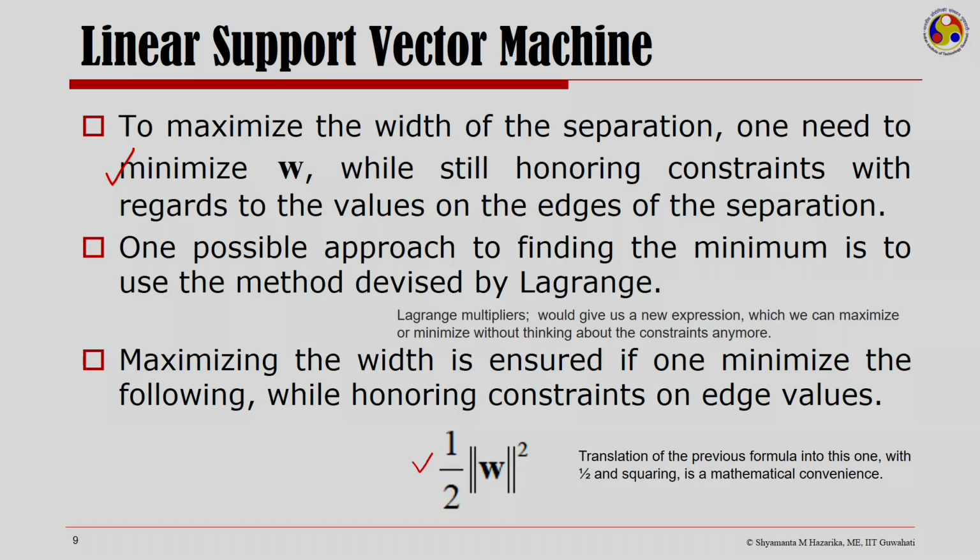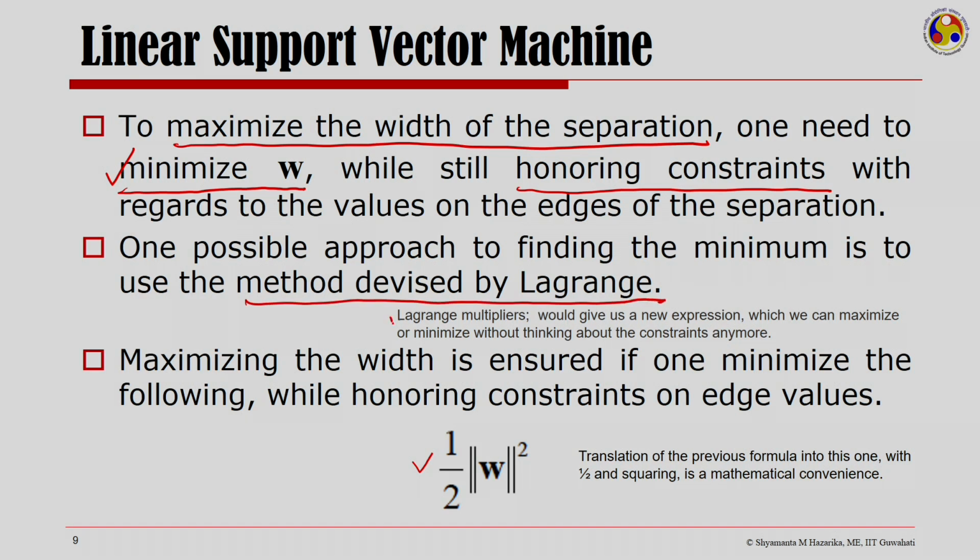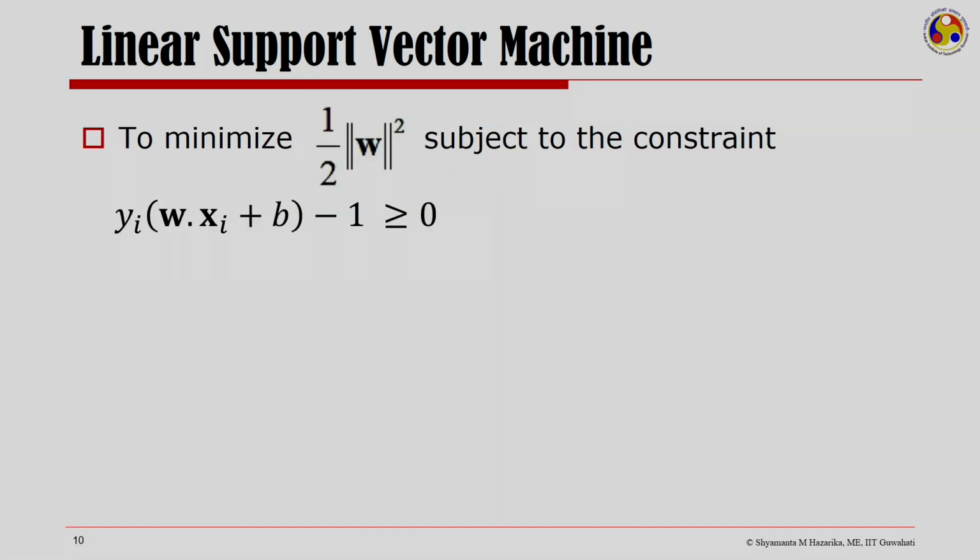From the previous discussion, we can maximize the width of the separation by minimizing W, and because it comes with certain constraints, we follow the method devised by Lagrange and take help of Lagrange multipliers to get to a new expression which we can maximize or minimize without thinking about the constraints anymore.